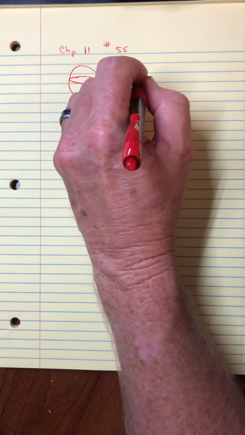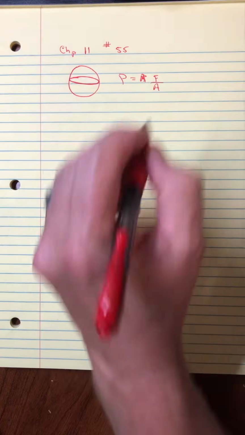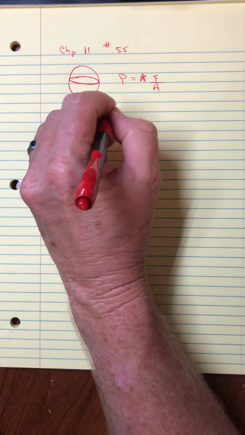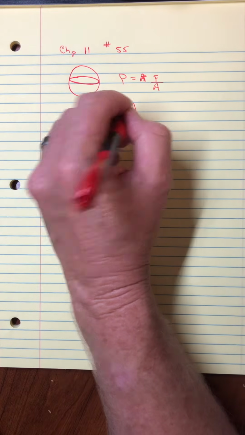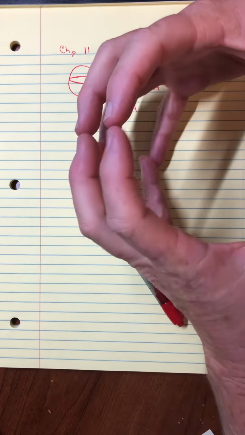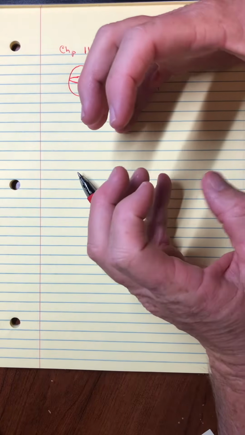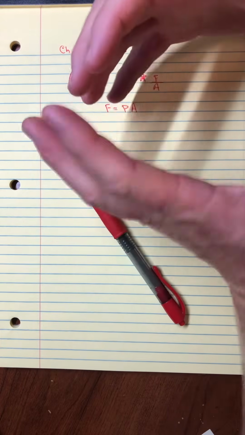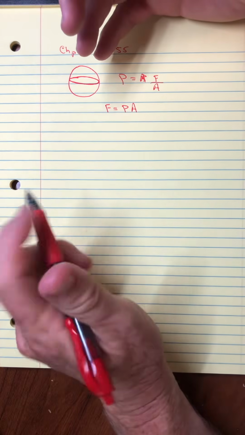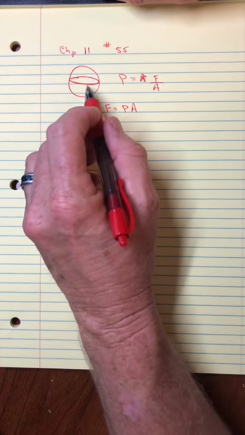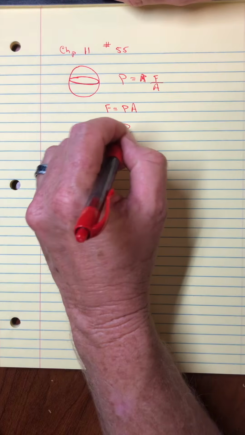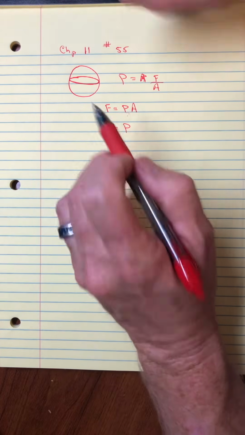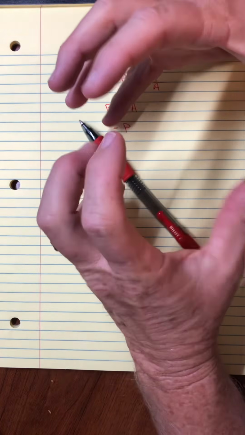So if we remember that pressure is force over area, then we can say force is the air pressure times the area. And so you've got this hemisphere being pushed upward by the air pressure. And so that's really the question right there, the P. What is the pressure inside this balloon?